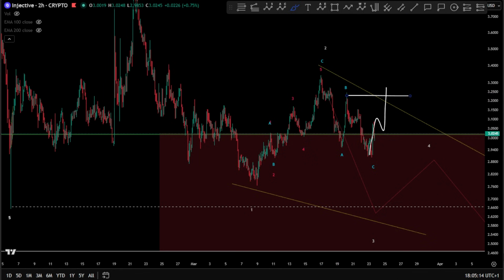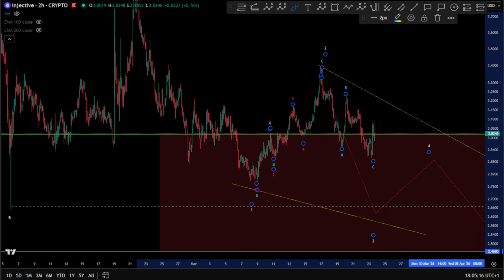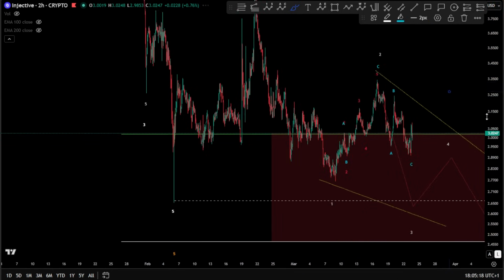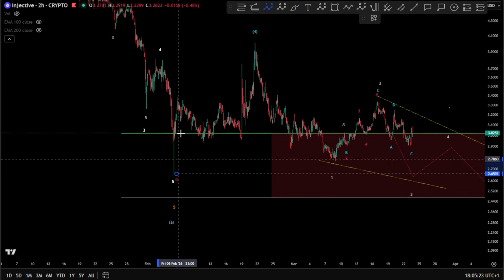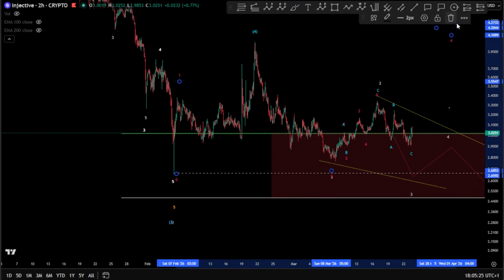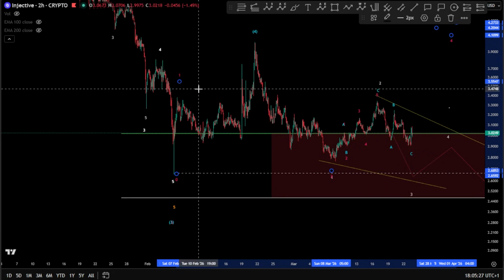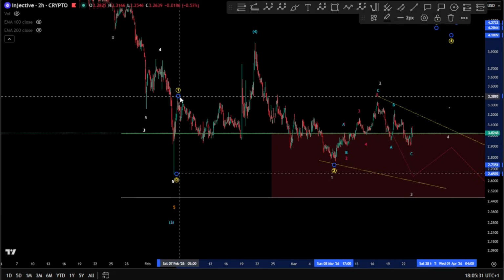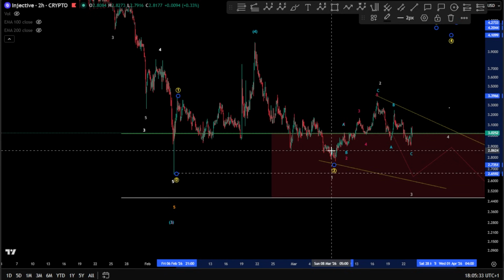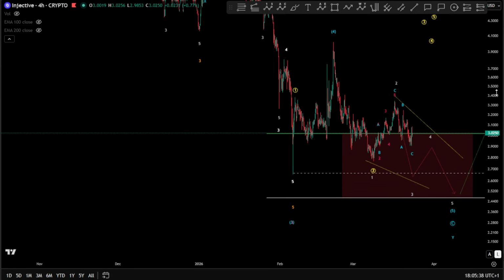And that means, of course, we are left with only the bullish scenario to unfold for higher prices, guys. In this case, I'm also going to lay down a wave 1, 2, and then 3, 4, 5 in case this is going to happen. So we have no other option rather than taking this as a wave 1, A, B, and a C, and then wave 3 unfolding toward the upside for Injective, guys.